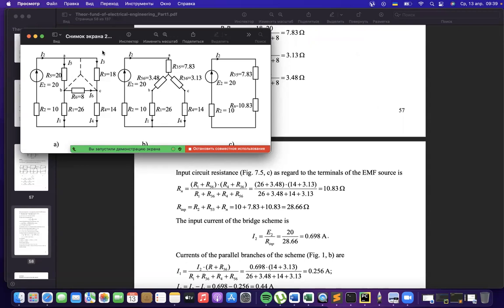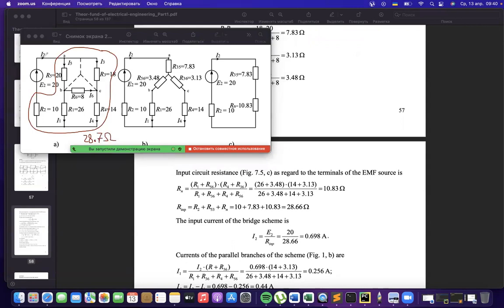It means that the whole resistivity of all these elements in the primary case should be the same, 28.7 ohms, and the initial current near the source will be about 0.7 amperes. It is the final solution of this example.